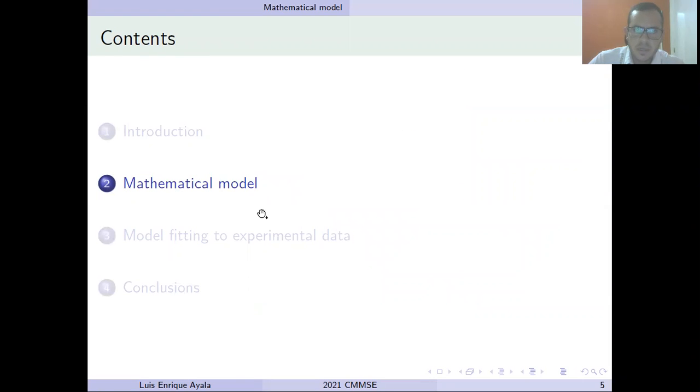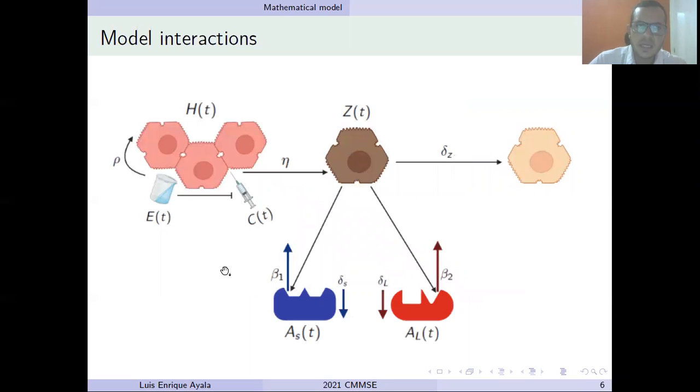The mathematical model. Here I show you the interactions considered. The model consists of 6 variables: H, Z, E, C, AS, and AL. H is the healthy hepatocytes that proliferate at a rate rho.